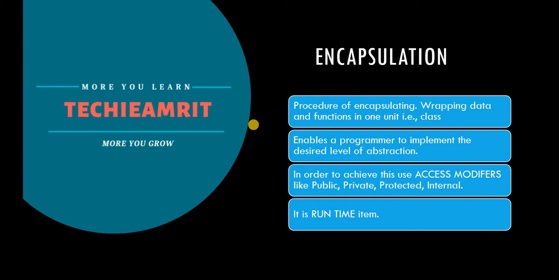What encapsulation basically does is work at the time of the implementation of the items. Suppose you wake up early in the morning and you just press the button of your coffee machine.